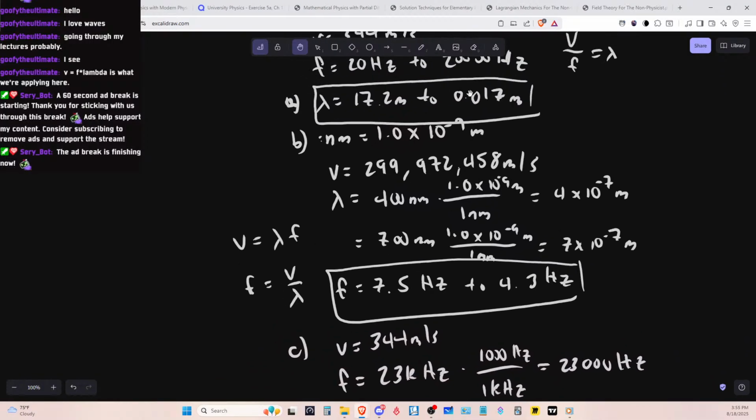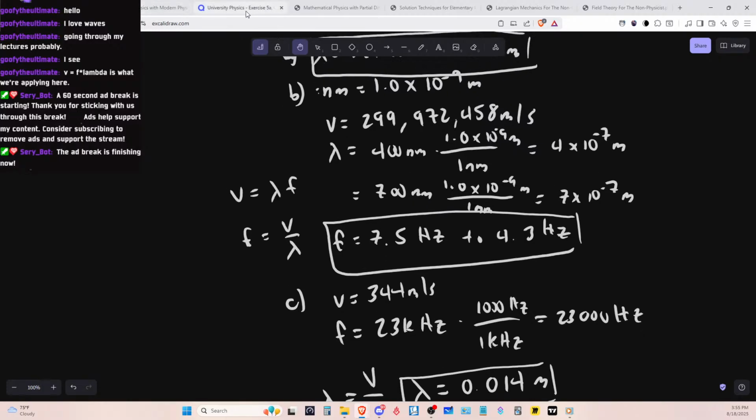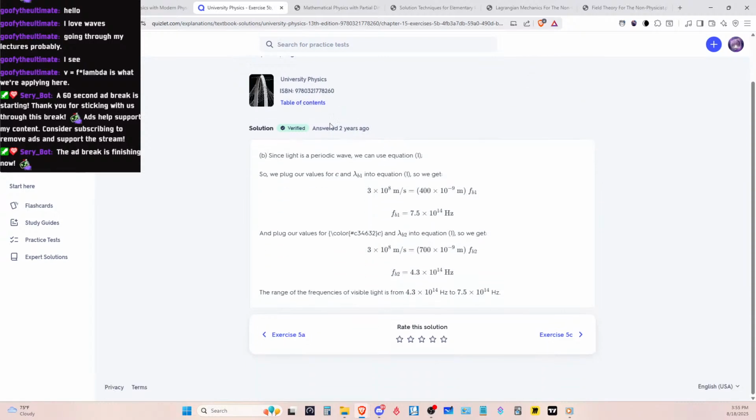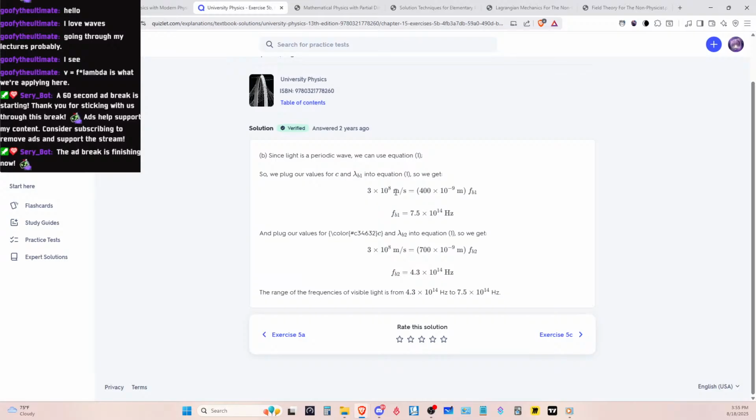We got them in the reverse order, but we got them nonetheless. For B, where did I put it? Okay, here we go. 0.5 hertz. Did I miss something here? Okay, so.